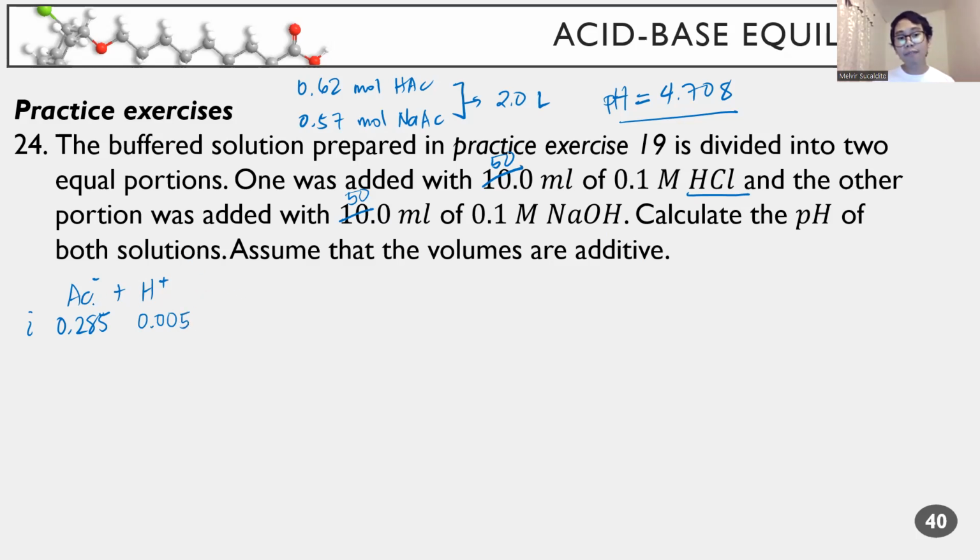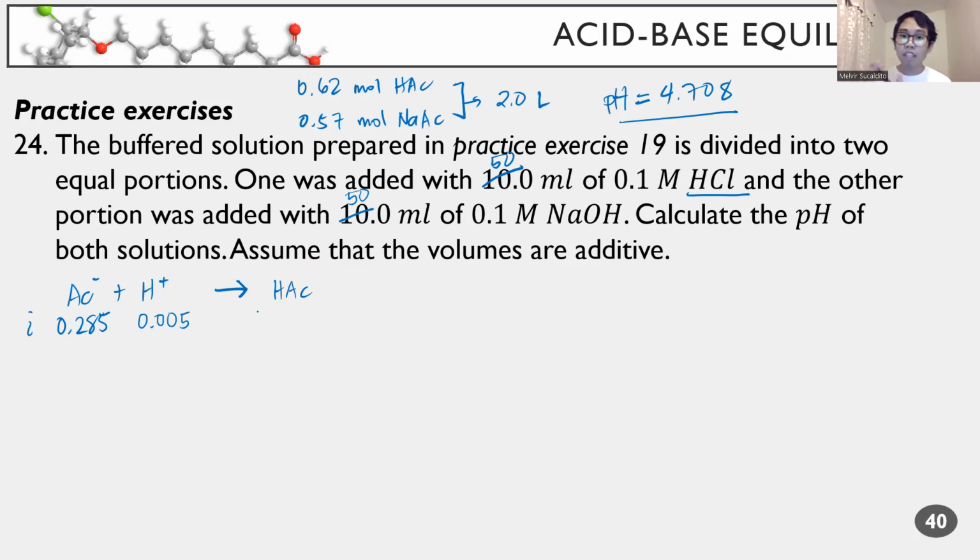Okay? Now, if this reacts, it will form, take note, full arrow, kasi full reaction yan. Strong acid ito, yung inadd natin. So it will form molecular form of acetic acid, which initially is how much? 0.62 moles.